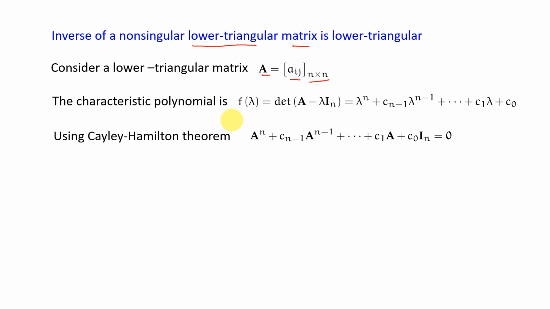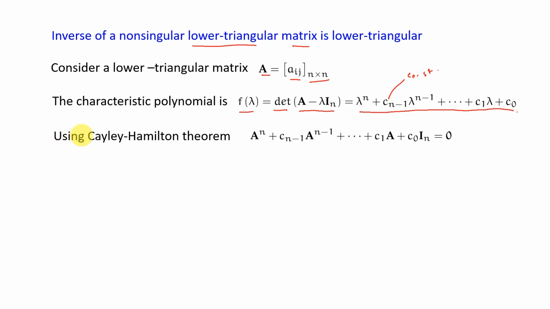The characteristic polynomial by definition is a function of lambda, given by the determinant of A minus lambda I. So we will have a characteristic polynomial like this, where the c's are the constants.